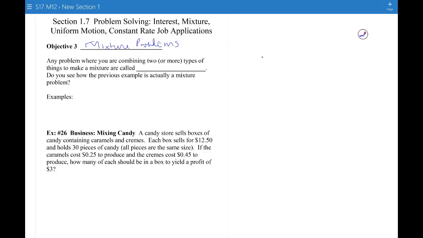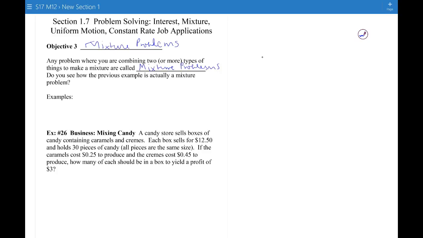And any problem where you're combining two or more types of things to make a mixture is called a mixture problem. So it could be two different kinds of candy, two different kinds of coffee, different kinds of nuts. The helpful thing will be if you realize that they're actually all the same problem.